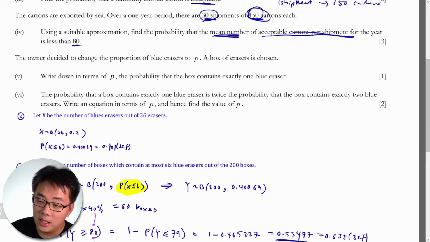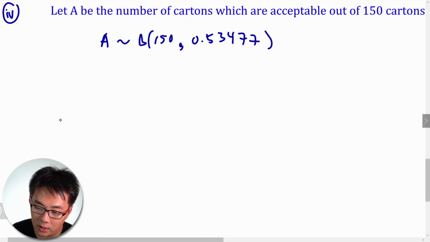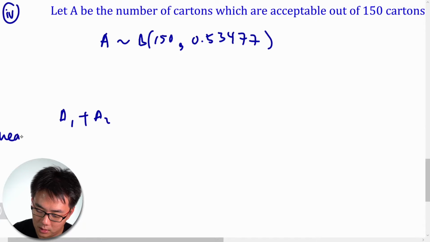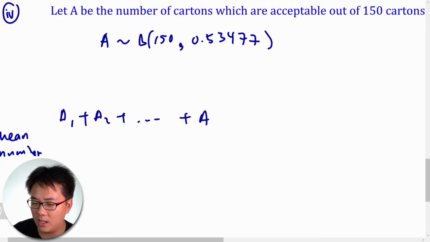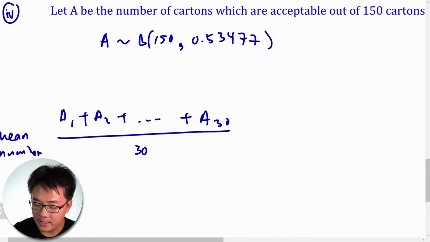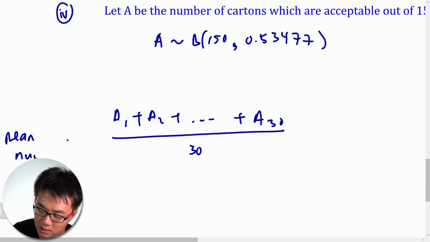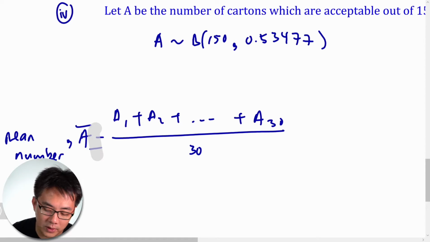So in other words, you are looking at the mean number of A. The mean number of A is A1 plus A2 plus all the way to A30, because you have 30 shipments, divided by 30. This is your mean number. If you already learned this in school, then you will understand.